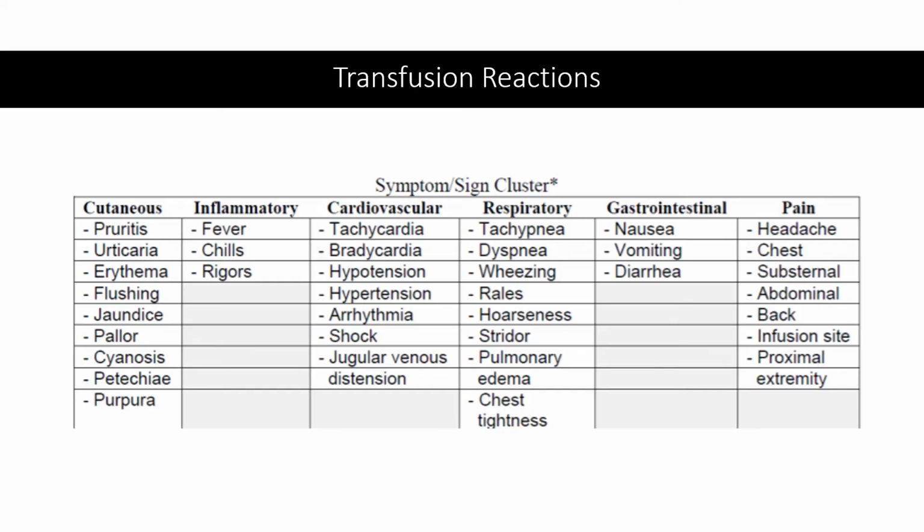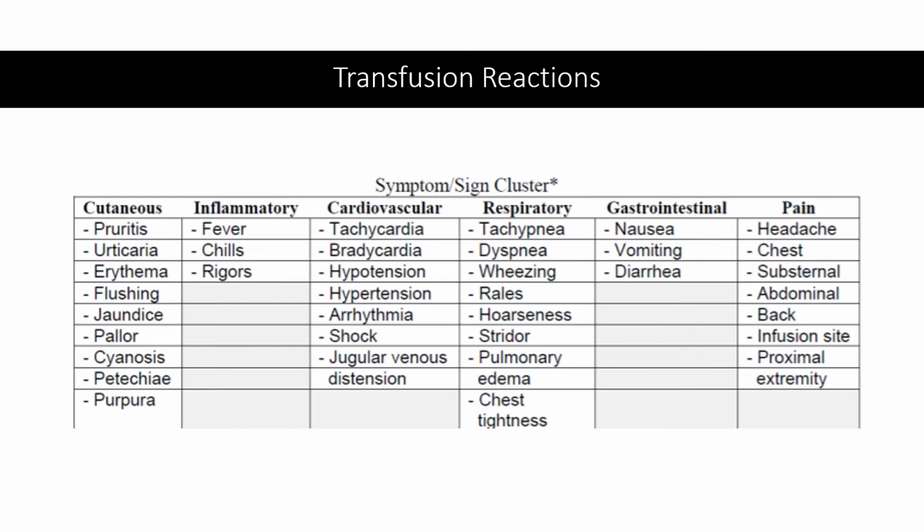So the signs and symptoms under the cutaneous include the patient might have pruritus, urticaria, erythema, flushing, jaundice, pallor, cyanosis, petechiae, or purpura. And in an inflammatory response, a patient may show fever, chills, or rigors.